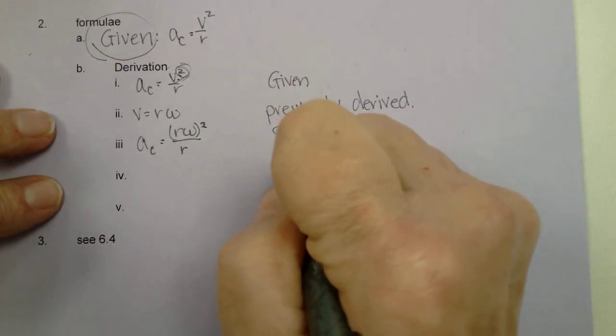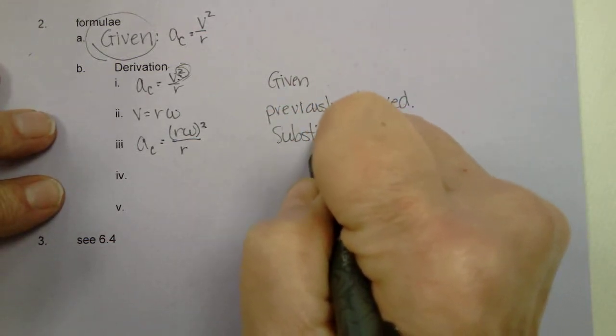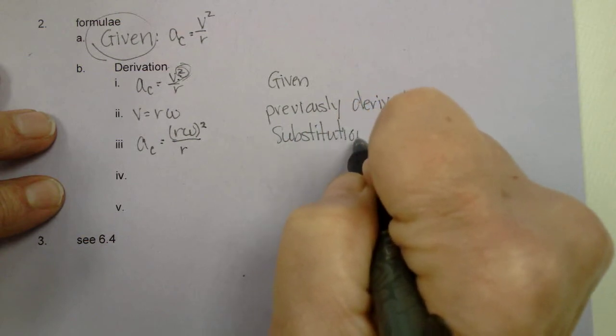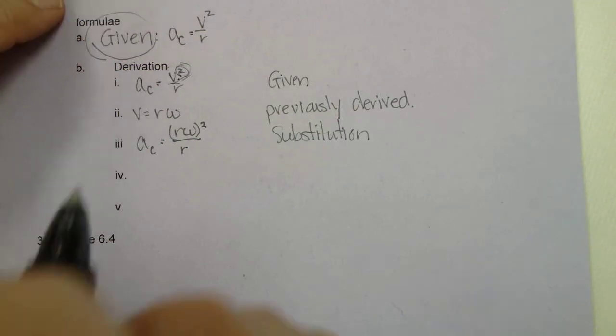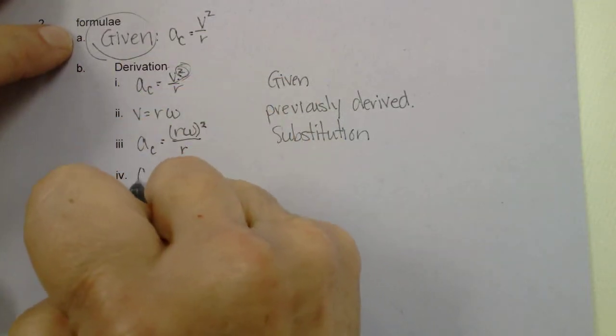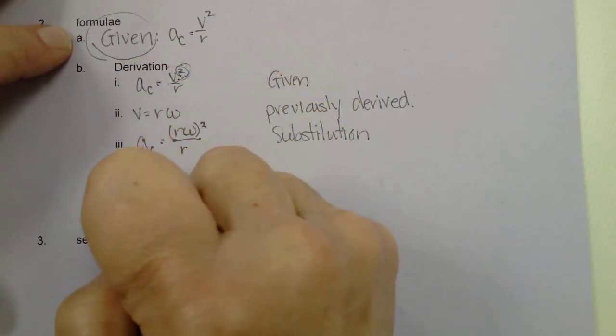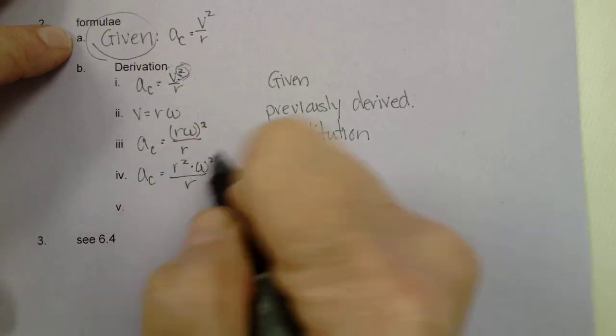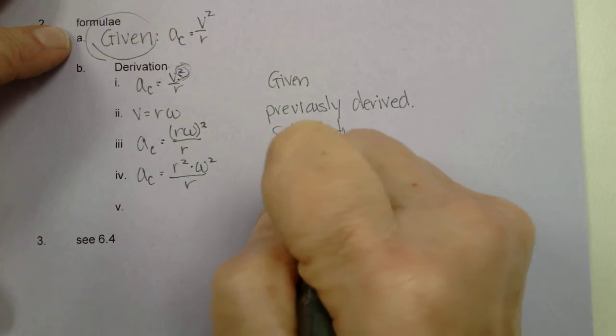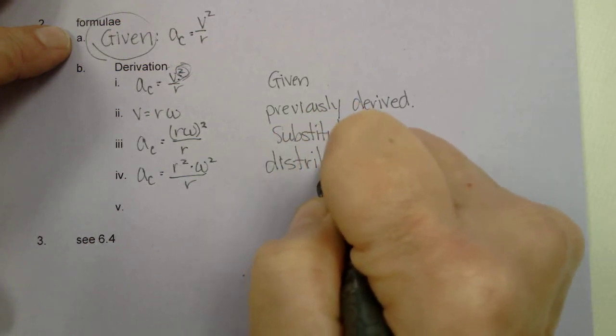Substitution. Now I'm just going to distribute my square throughout the whole thing. So a sub c is equal to r squared times omega squared all over r. And that's just the distributive property.